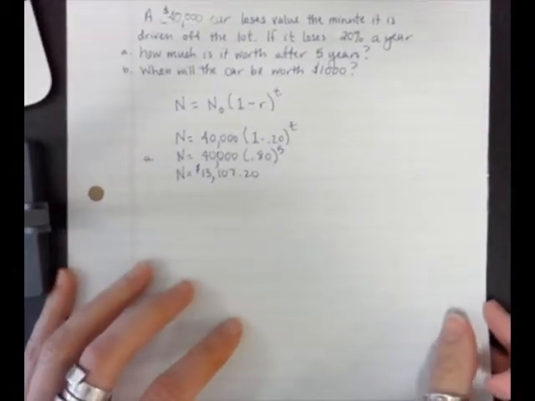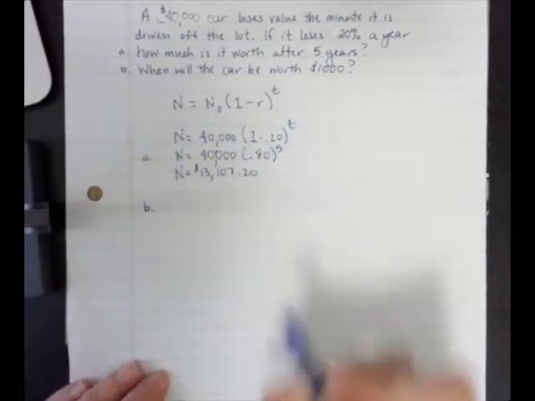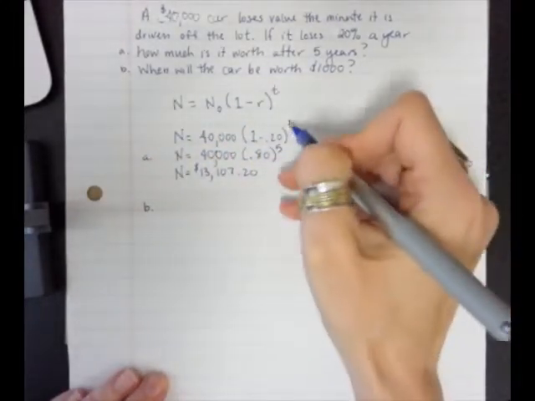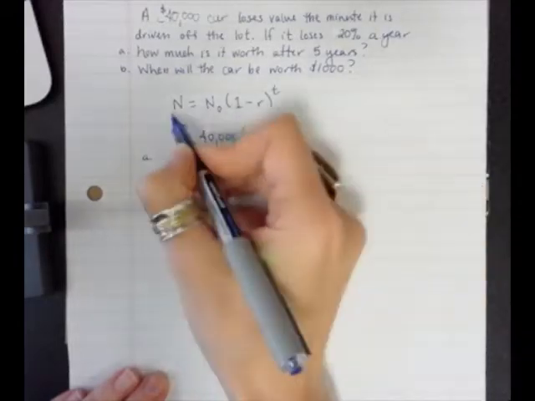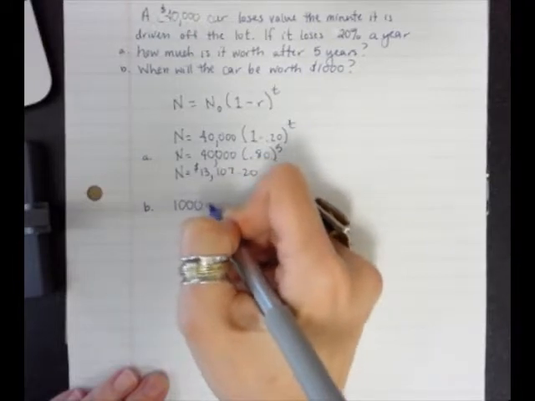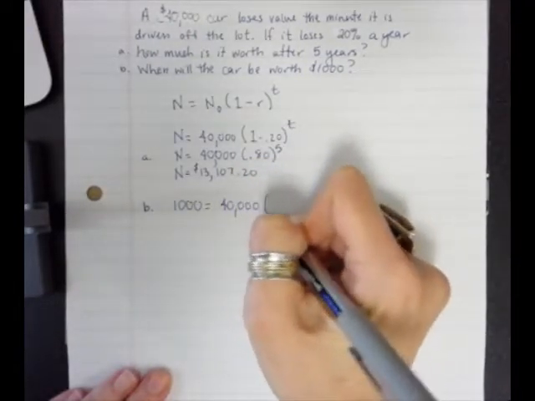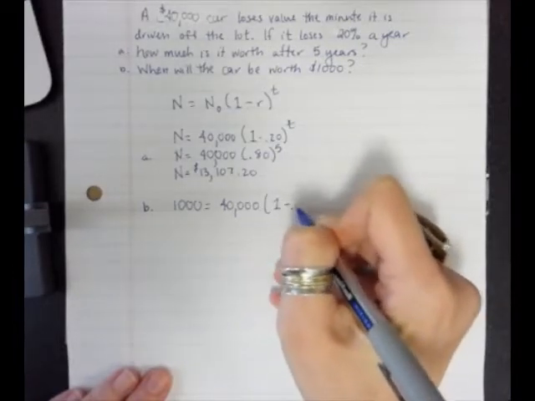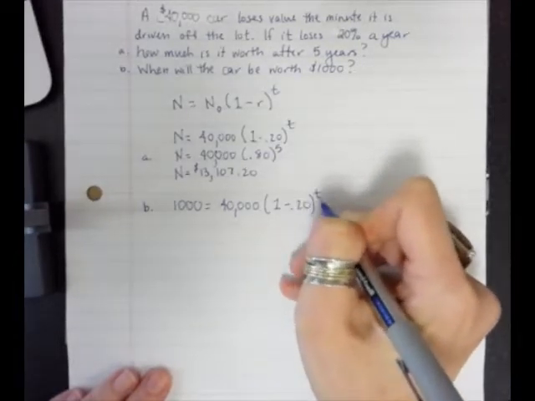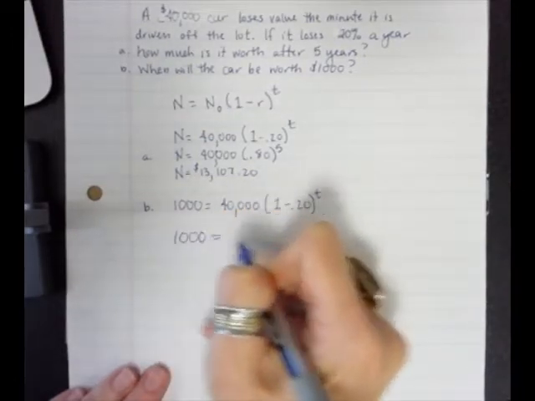So now let's do B. When will the car be worth $1,000? So that means we don't know what the t is, but we do know what our final value is going to be. So I put my 1,000 in my final value. I put my initial. I still do all of the same things, except I don't know my t, so I'm going to have to solve this using logarithms again.